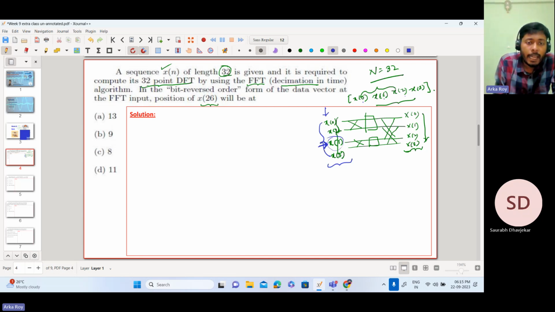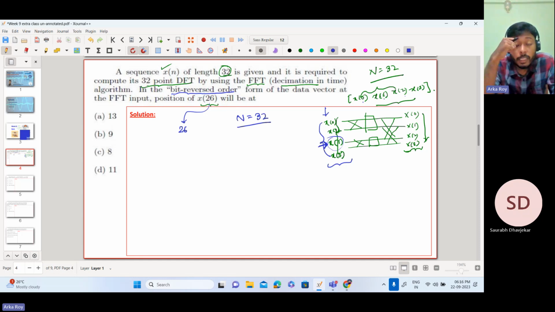So for that, we have an algorithm called the bit reversal order technique. In this technique, we take the position 26, and here N equals 32. As I told you in the last class, DIT FFT is radix 2, so a 32-point DFT can be written as 2 to the power 5.